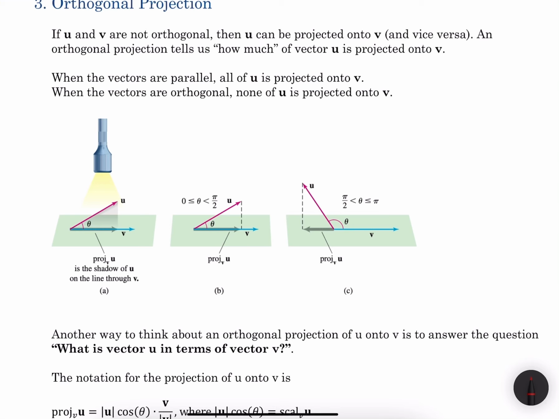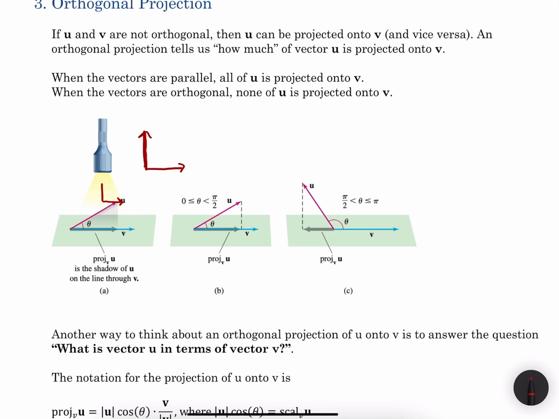Now, what that means is we have this flashlight example, right? If U and V were perpendicular like this, and you shine a flashlight straight down, imagine the light is shining straight down onto the vertical vector. Then the vertical vector isn't going to cast a shadow on the vector that is horizontal.